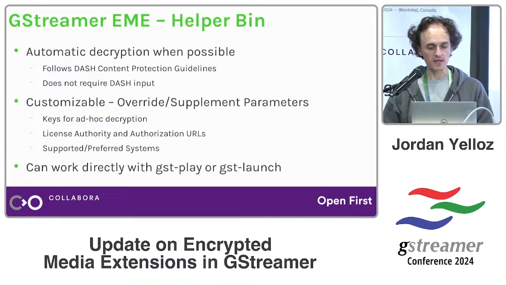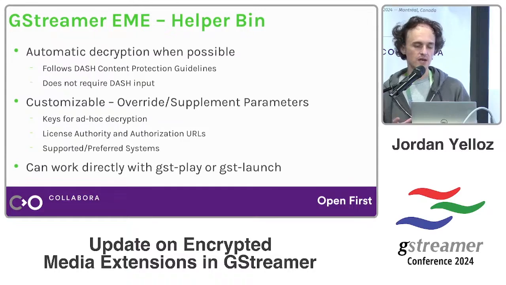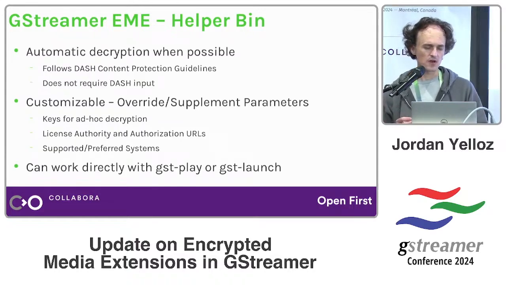The way I did it is I created a little helper bin that wraps the actual decryption with the most typical communication patterns that EME describes. What this does is it lets you decrypt content automatically, without any interaction by an application or writing any code, in the most common cases.